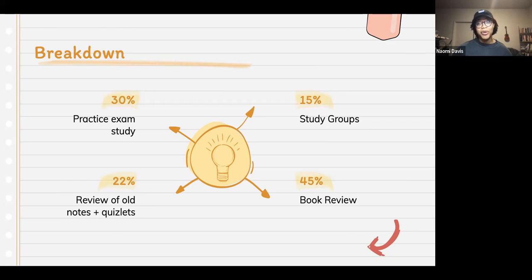I did a lot of book reviews because I know for myself that reading texts and applying them to real world situations is one, a strength of mine, but two, one of the most important and consistent ways that I learn. But one of the gals in my study group did not read a single textbook the entire time in her studying, because that wasn't helpful for her.